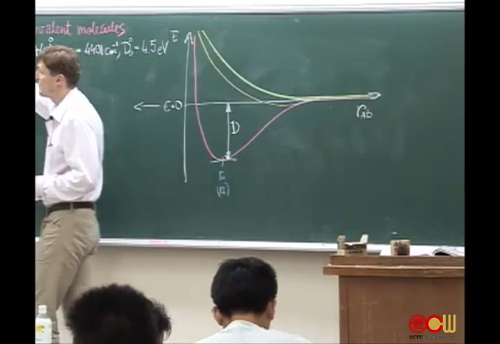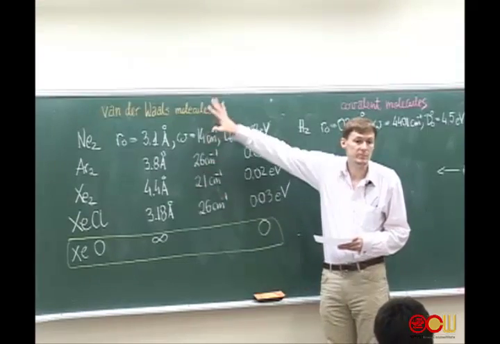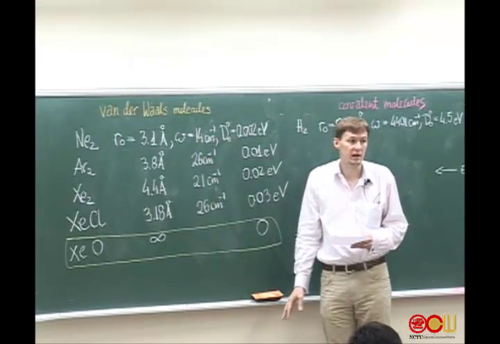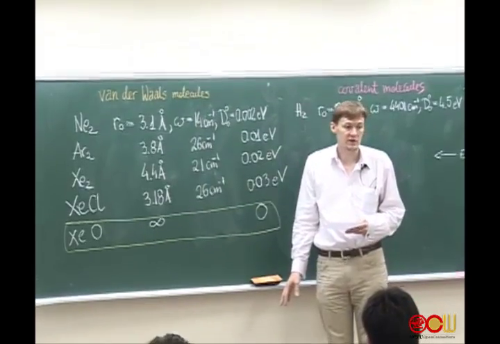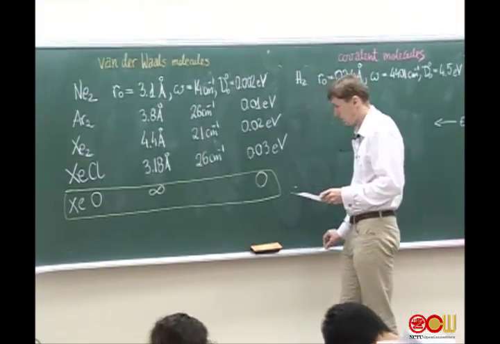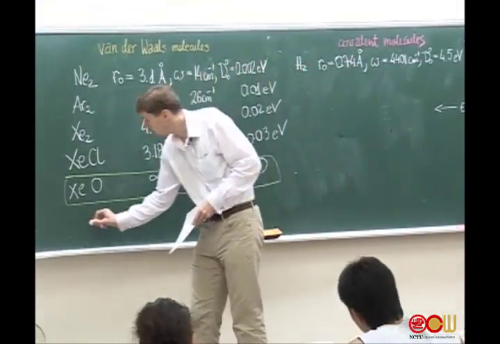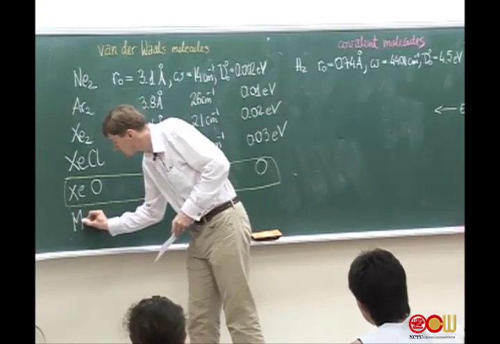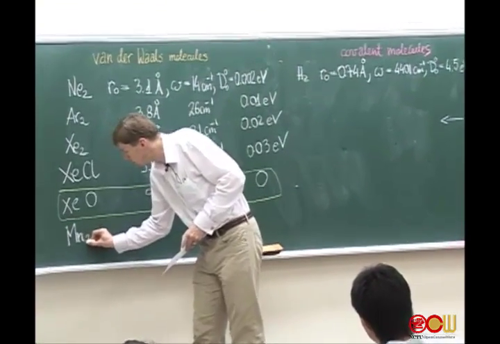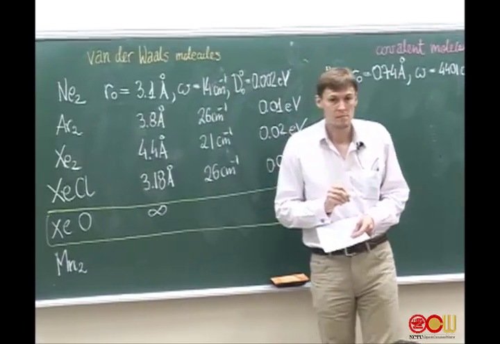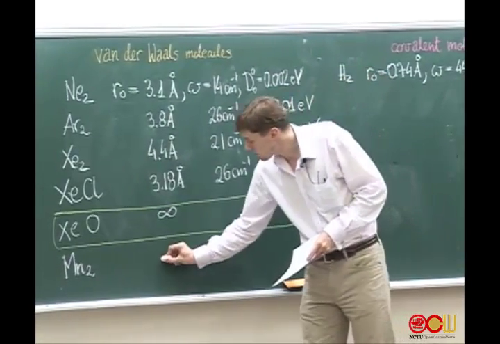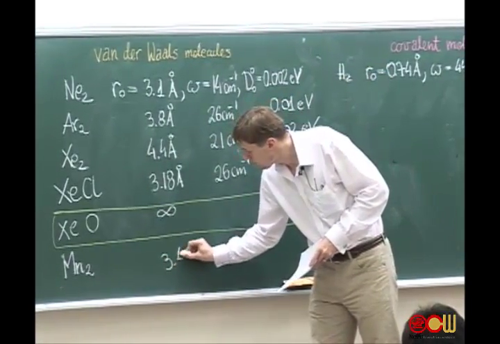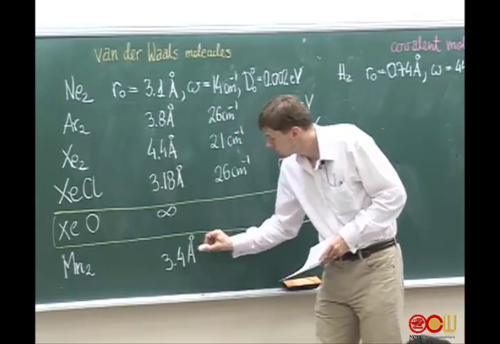You can ask me if only closed shell systems are giving van der Waals molecules. The answer is no, not really. For example, if you take the manganese dimer, the equilibrium distance for manganese dimer is 3.4 angstrom.